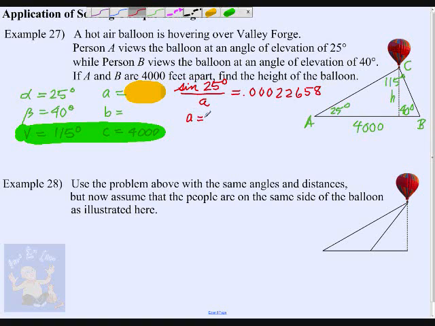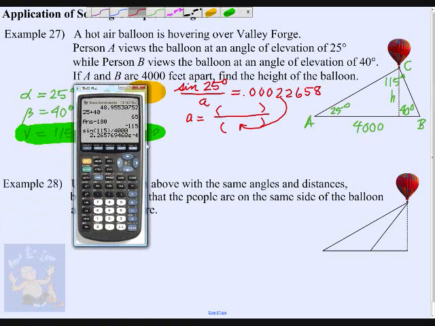A is going to equal the sine of 25 degrees divided by this ratio. It's okay if I don't write it all out. So the sine of 25 degrees divided by 0.0002 point 2.658.